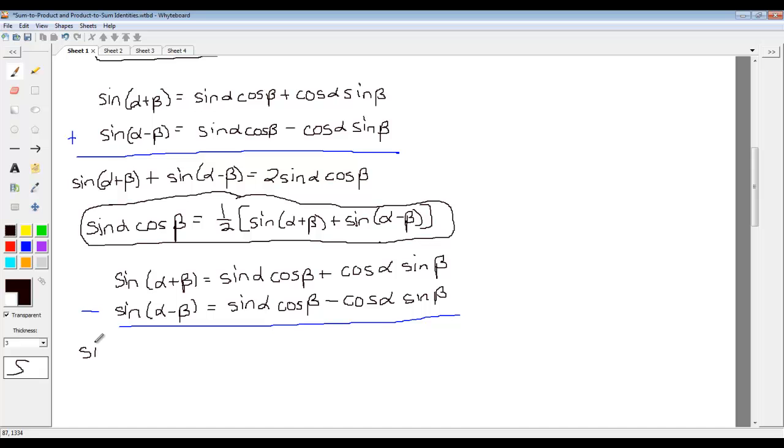So we have sine of alpha plus beta minus sine of alpha minus beta equals 2 sine alpha cosine beta. No, because we're subtracting, so these go to 0. Minus 2 cosine alpha sine beta.